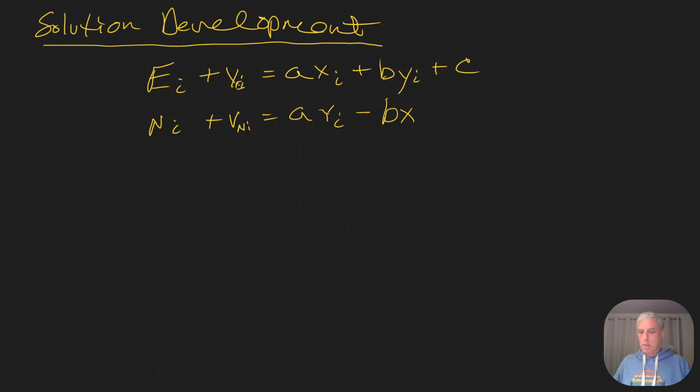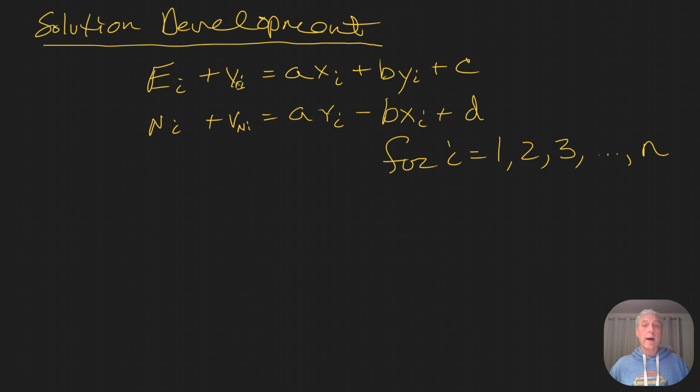B X sub I plus D. And I'll say that's for I being some integer, I equals 1, some positive integer, subscripts, depending on how many points we have.